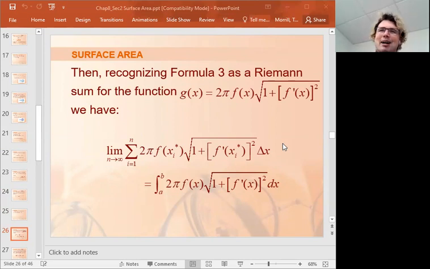This gives me my surface area formula. To calculate the surface area of a surface of revolution between x coordinates a and b, we will integrate from a to b 2 pi f of x times the square root of 1 plus f prime of x squared, all dx. There we go.